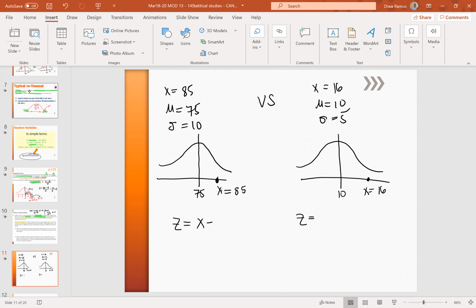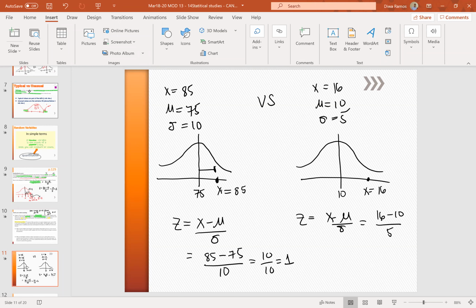So you have X minus mu over sigma, which is 85 minus 75 over 10. That's 10 over 10. It's actually 1 standard deviation. So this is exactly 1 standard deviation. The other one is 16 minus 10 over 5. That's going to be 6 over 5.